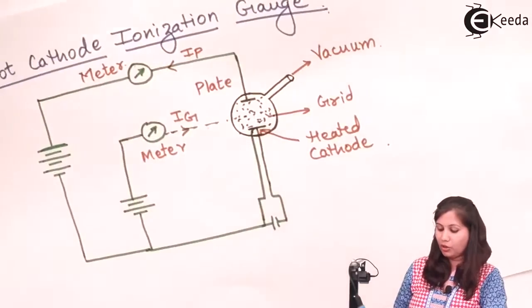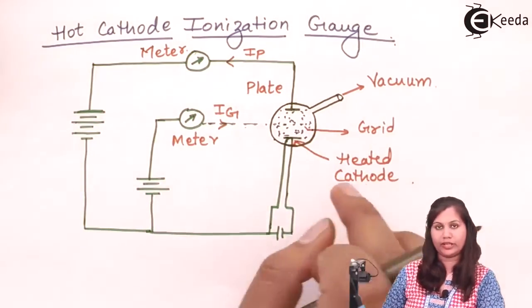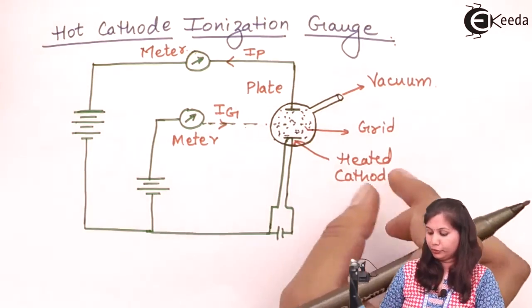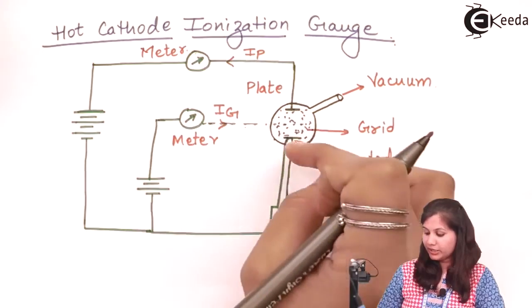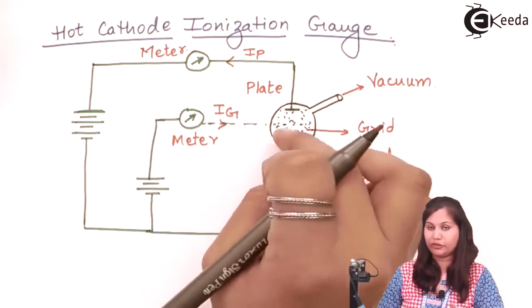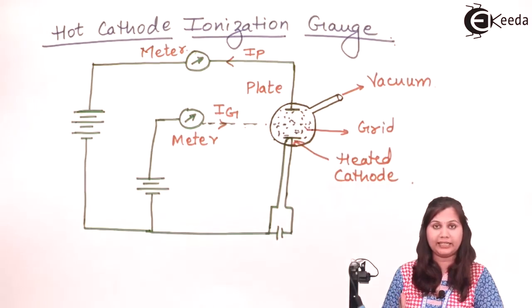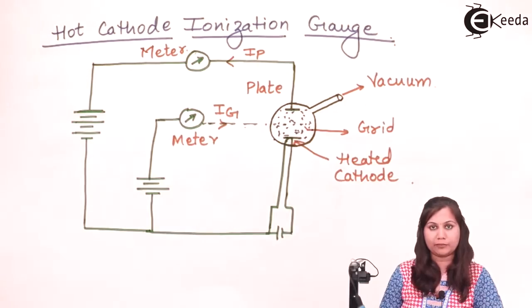So this was the hot cathode ionization gauge, because here the cathode is heated, and due to the heating of the cathode, electrons are generated. Some of these electrons are absorbed by the grid, and some electrons which have very high kinetic energy cause the ionization of the gas molecules.